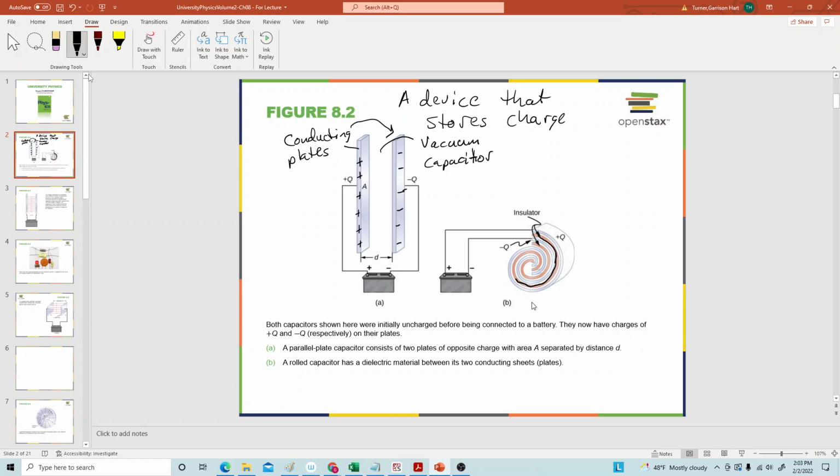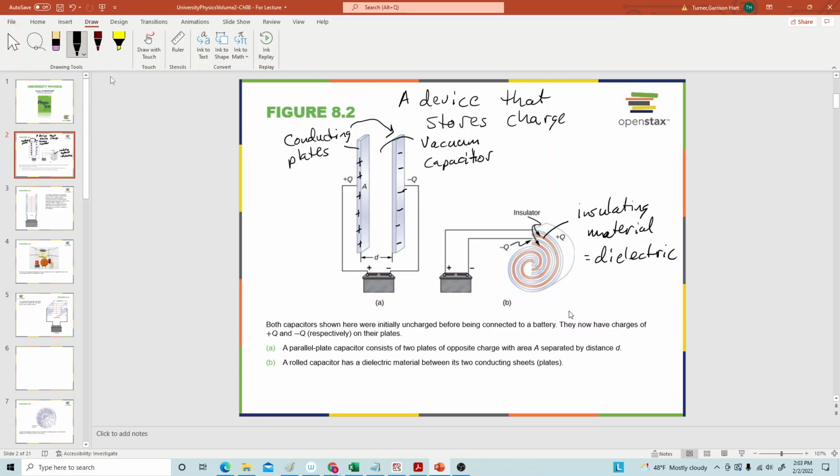When you put an insulating material in between your capacitive plates, this is often known as a dielectric. Okay, so your insulating material is called a dielectric. And we'll see why dielectrics are important shortly.